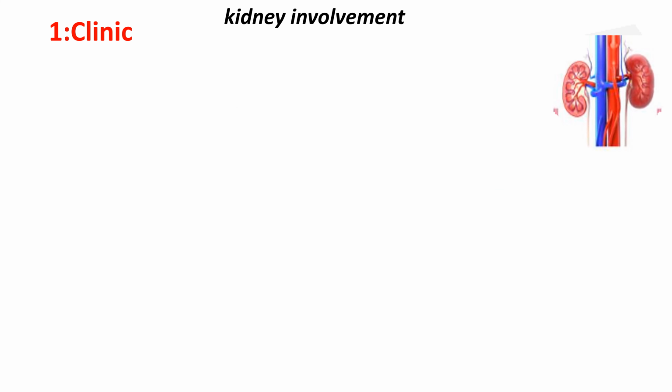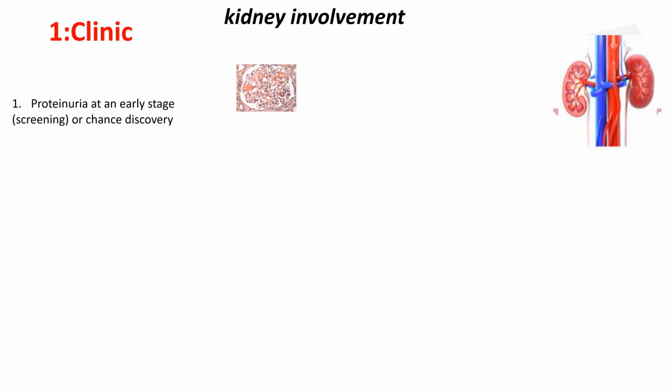For the kidney involvement, at first there is a proteinuria which may be asymptomatic, but after one may have a nephrotic syndrome, with a progressive onset.